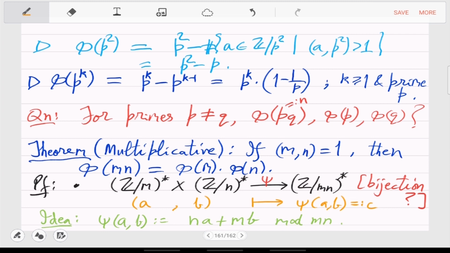Because if you perturb A by a multiple of M, then outside there is an N, right? So N will multiply with M, so mod mn the value will not change, and the same thing with B. So actually, if you think about validity, then this definition is the only definition. So this is a canonical map to come up with.